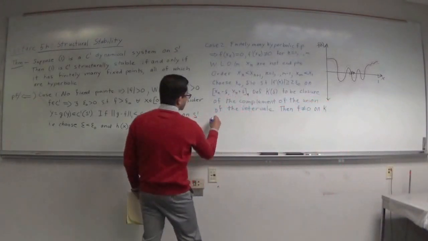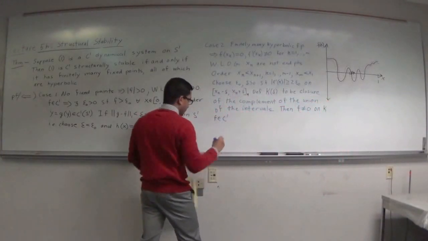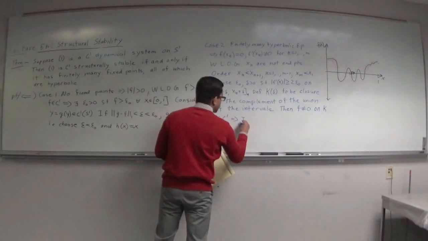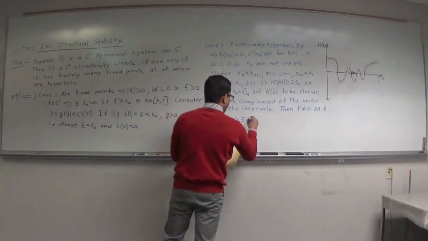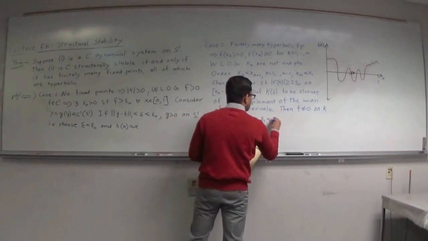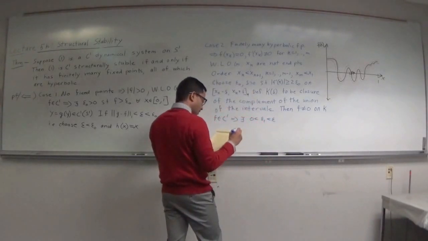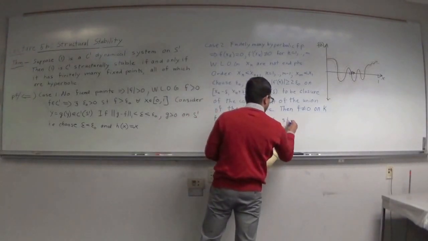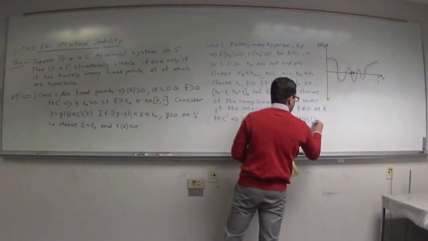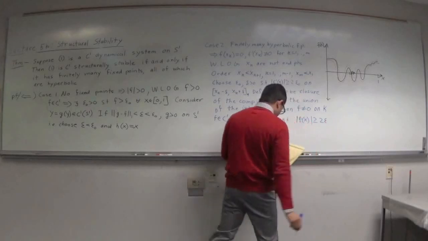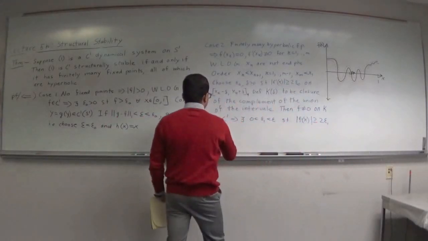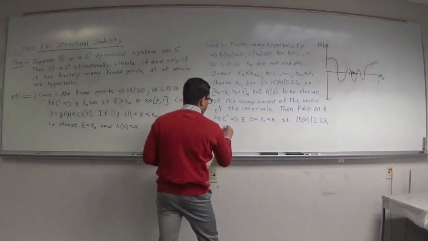Now we're going to use continuously differentiable again. Since f is continuously differentiable, this implies that there exists an epsilon 1 between 0 and our original epsilon, such that the absolute value of f of x is greater than or equal to 2 epsilon 1 for all x in kappa.